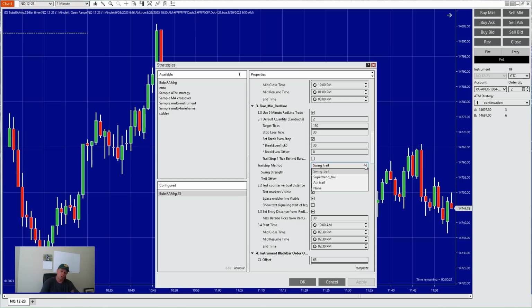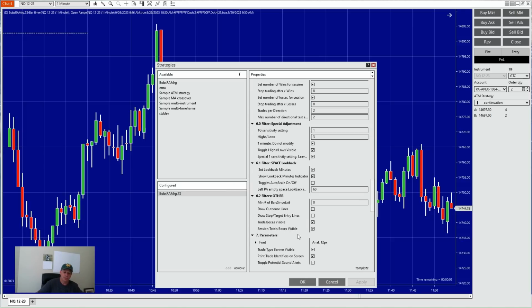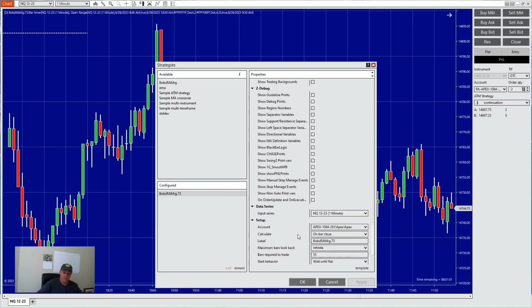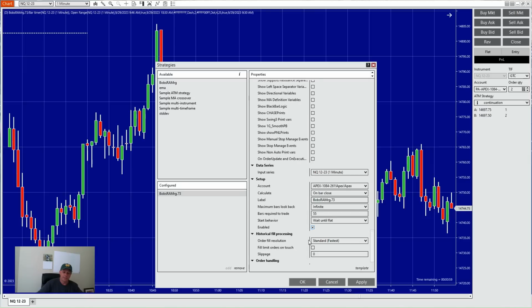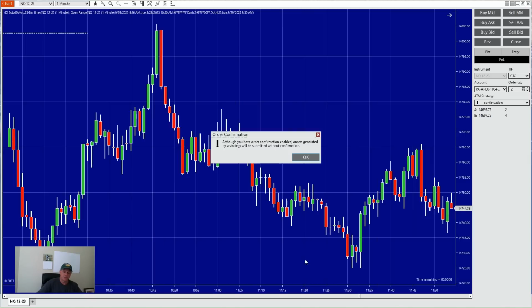So for example, in the case of the NQ, the swing trailer, which has a swing strength of 3. So for those of you that understand swing strengths, I'll show it to you here. So let's actually just turn it back on, and I'll show you on this trade, this short trade that happened right here. So let's go in here.